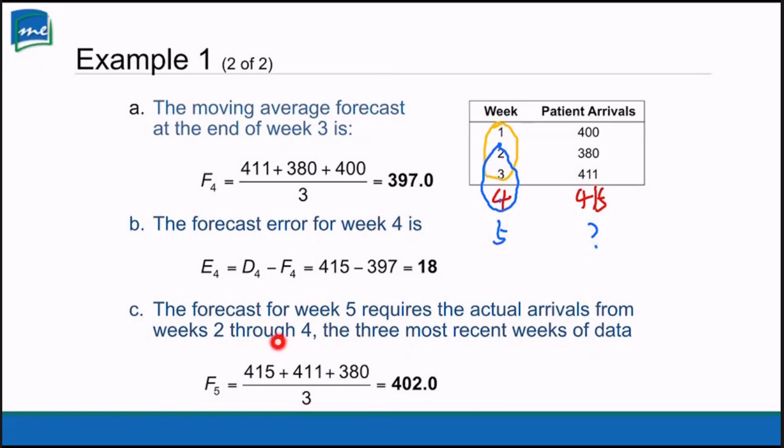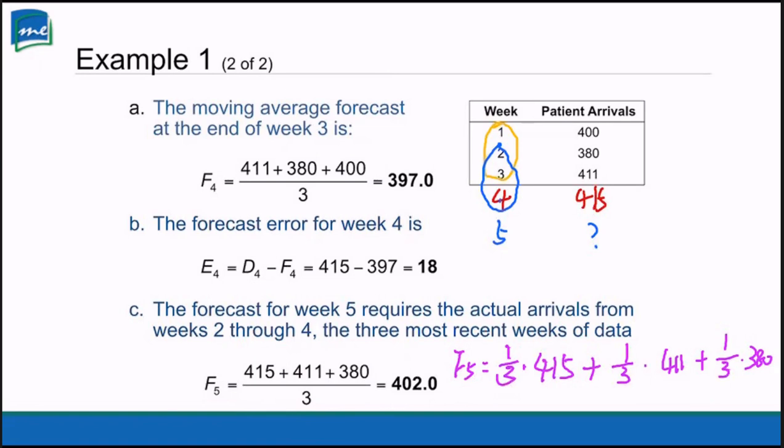If we change the formula a little bit, we obtain F5 equals 1/3 times 415 plus 1/3 times 411 plus 1/3 times 380. So we just change the formula a little bit.